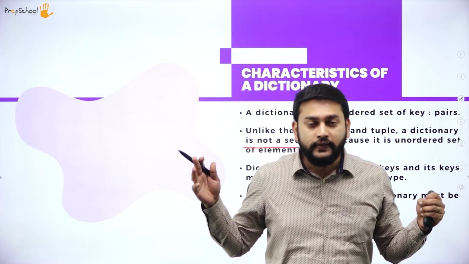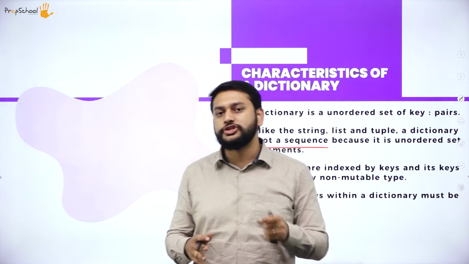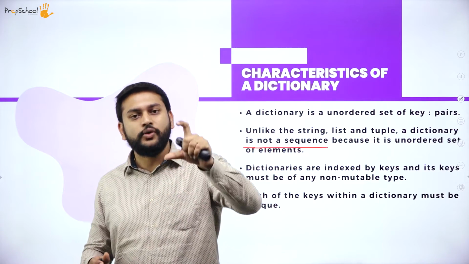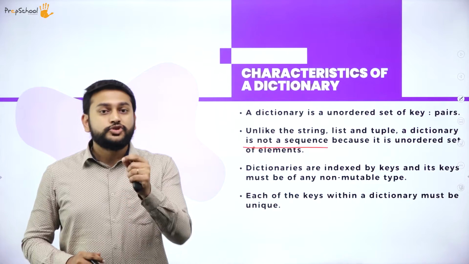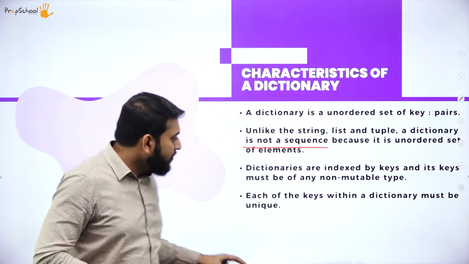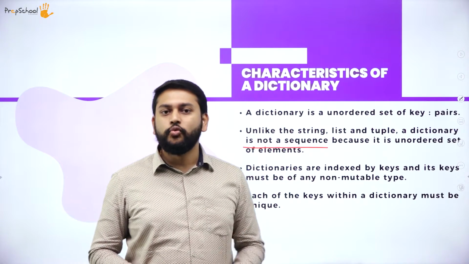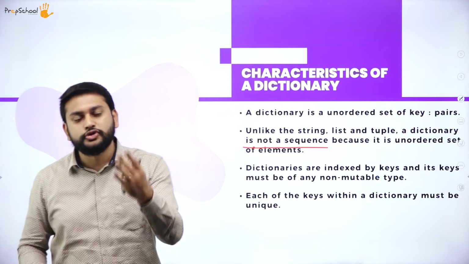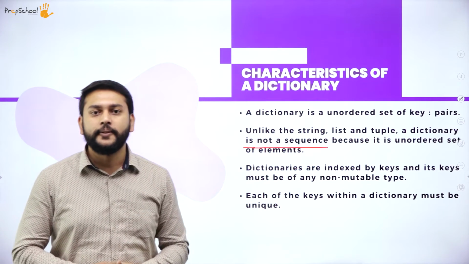That is what they are claiming. The keys are non-mutable. You cannot change the key, you cannot replace the key. That is what this point is saying. But it is not the same with value. Whatever value you want to change, you can change. That's why we call dictionaries mutable.